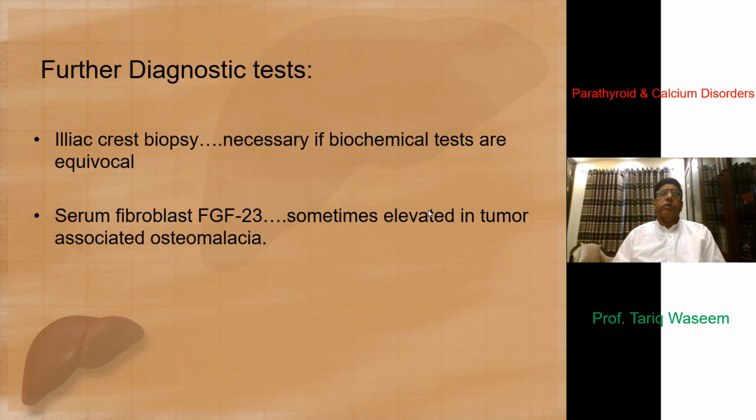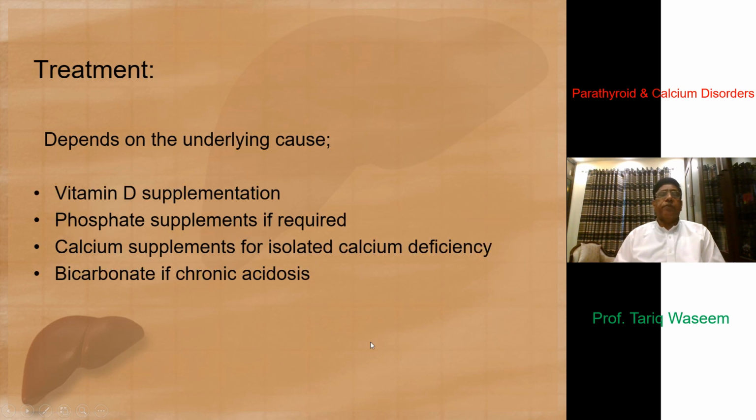So what do we do with these patients? We might have to rely on more specific diagnosis, like an iliac crest biopsy, particularly if biochemical tests do not help us in making the diagnosis, and sometimes serum FGF23 may be elevated in tumor-associated osteomalacia.